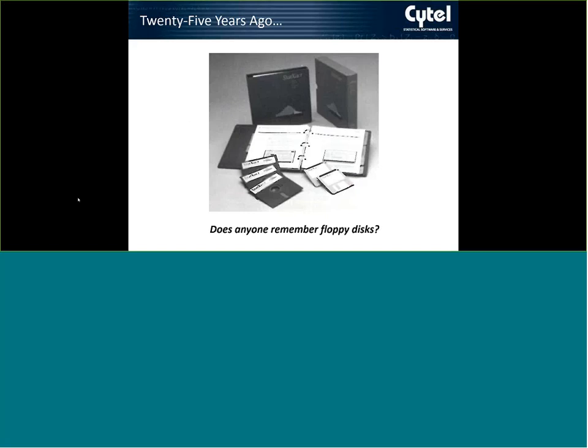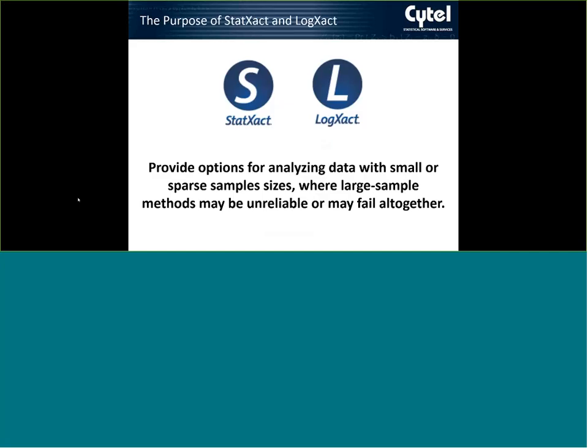Starting out with Cytel version 1 and moving forward to the present version 11, the underlying rationale for StatXact and LogXact has always been to fill a gap that was recognized by Drs.